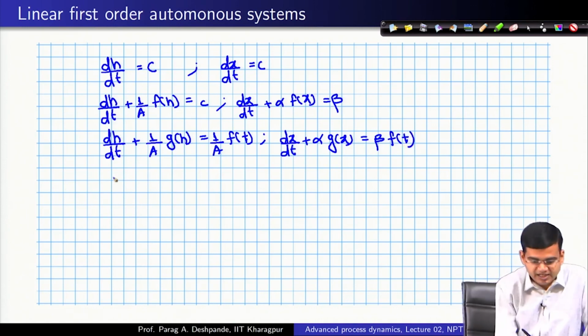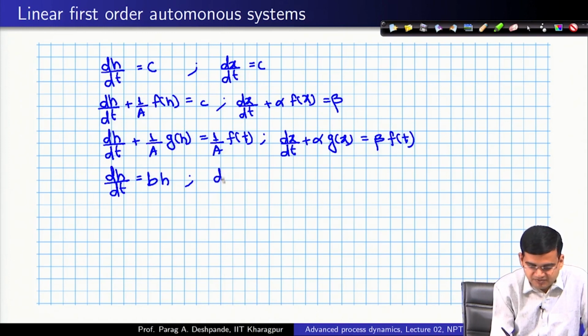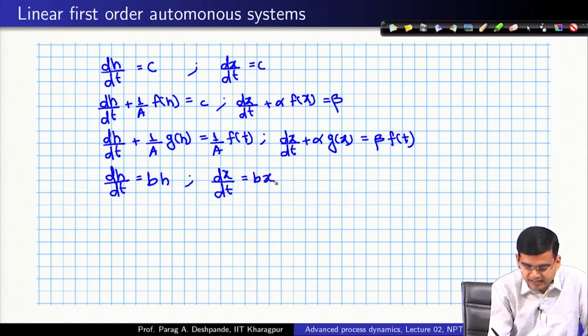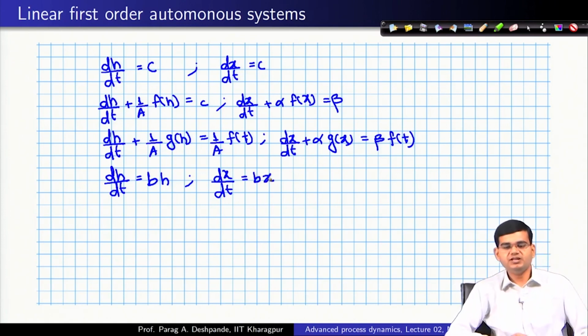And finally, I have dH by dt is equal to B of h, which means the equation is of the form dx by dt is B of x.